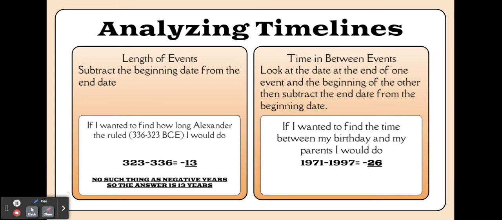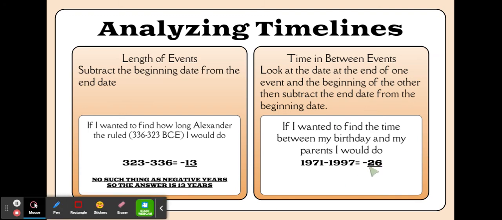I could see there's 26 years in between. I didn't have to pick the beginning date or the end date because those events happened in a single year. Again, we have that negative number, and we do the same thing. We don't have negative years, so there's 26 years.